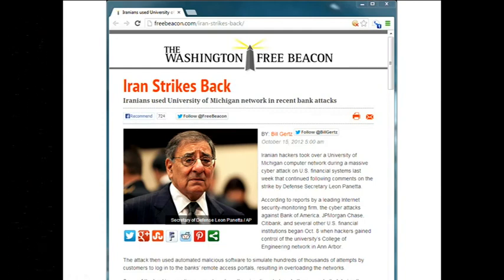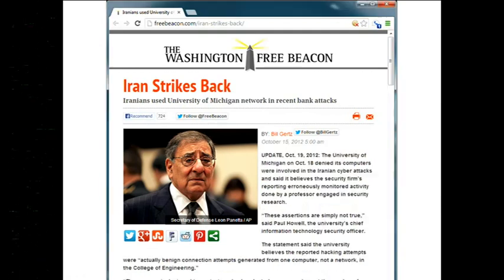It wasn't Iranian hackers, it was Zakir, my student. So we got them to run a little statement from us saying this isn't accurate, but they say their expert stands behind their assertion that this was Iranian attackers.